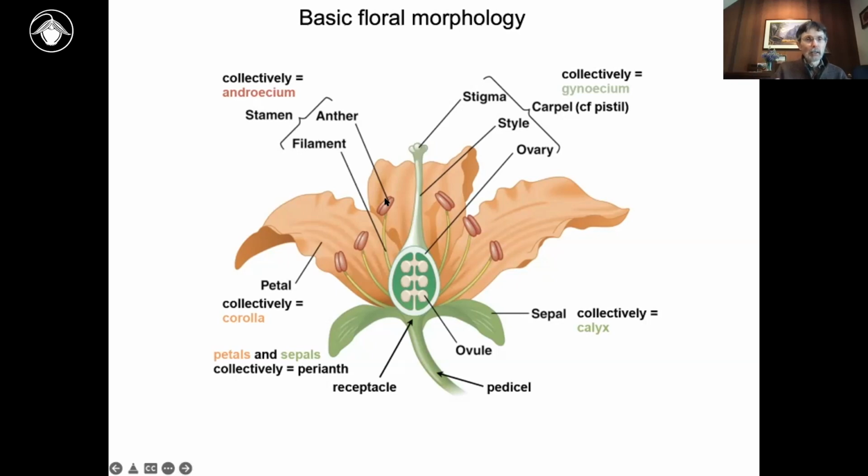And pollen represents the unit of dispersal for the little male organisms that the flower produces that produce sperm and that are transferred in a flowering plant to the stigma, hopefully of another flower rather than the same flower.